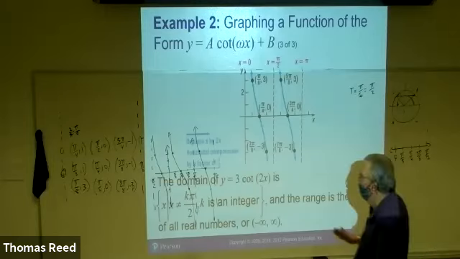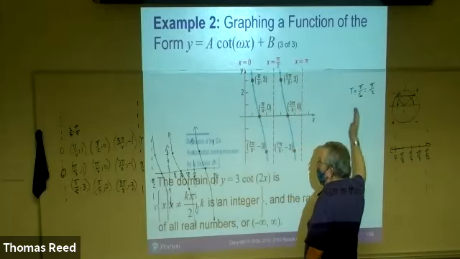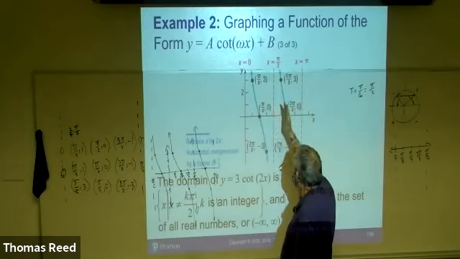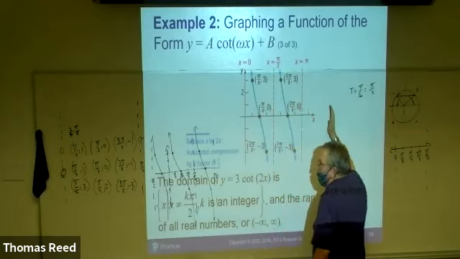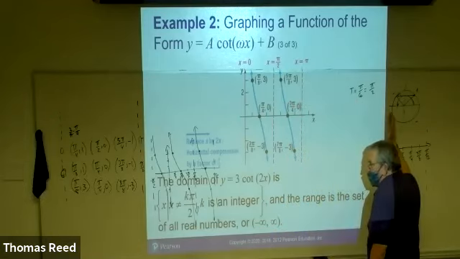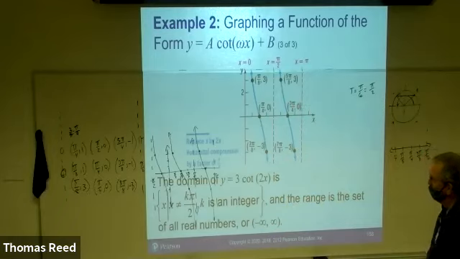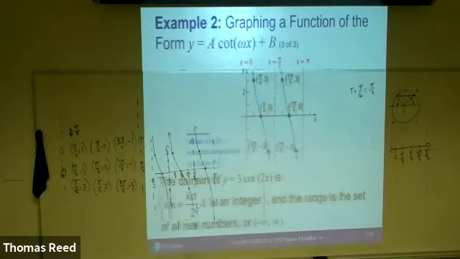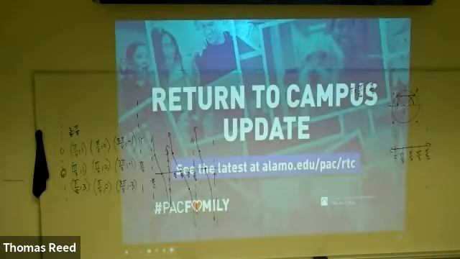So it wants to include each half step. So each half pi. So 1/2 pi, 2/2 pi, 3/2 pi, 4/2 pi, 6/2 pi. And then the range didn't change. And we'll start with secant next time.